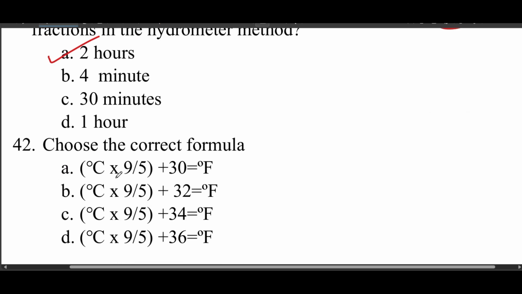And choose the correct formula. Degree Celsius into 9 by 5 plus 32 is equal to Fahrenheit. So it is a conversion from degree Celsius to Fahrenheit. You have been studying it since your 6th or 7th standard. So what is the correct option? For finding degree Fahrenheit, we have to multiply degree Celsius with 9 by 5.